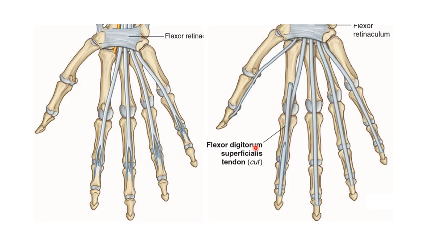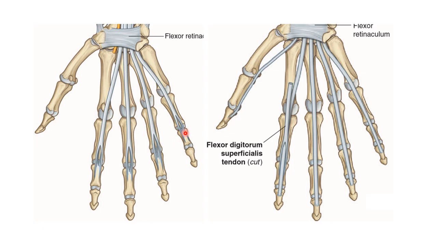Now, just to emphasize the arrangement of the tendons of flexor digitorum profundus and the insertion of flexor digitorum superficialis. Here we see the four tendons of flexor digitorum superficialis. Why? Because near their insertion they split into two parts, two slips, and these two slips insert into the sides of the middle phalanges, leaving an opening for the tendon of flexor digitorum profundus to get through, then reaching the distal phalanges.